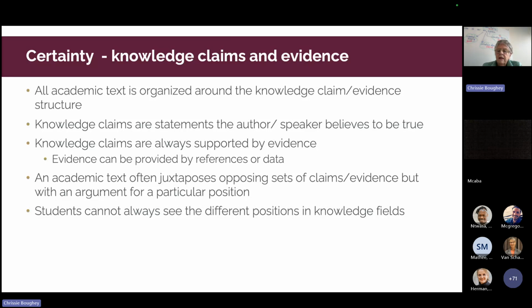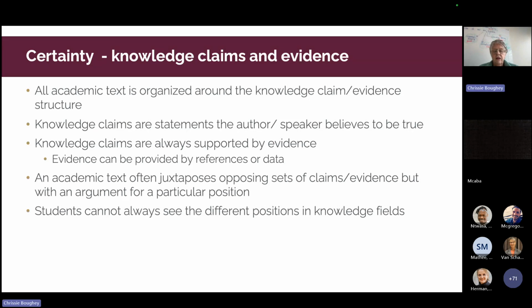But the important thing is that we look to evidence to support the claim. A kind of rule, if you like, in the university is that you can't make a claim without the evidence for the claim. And that claim and evidence structure is there, whether it's in a lecture or in something that you write.